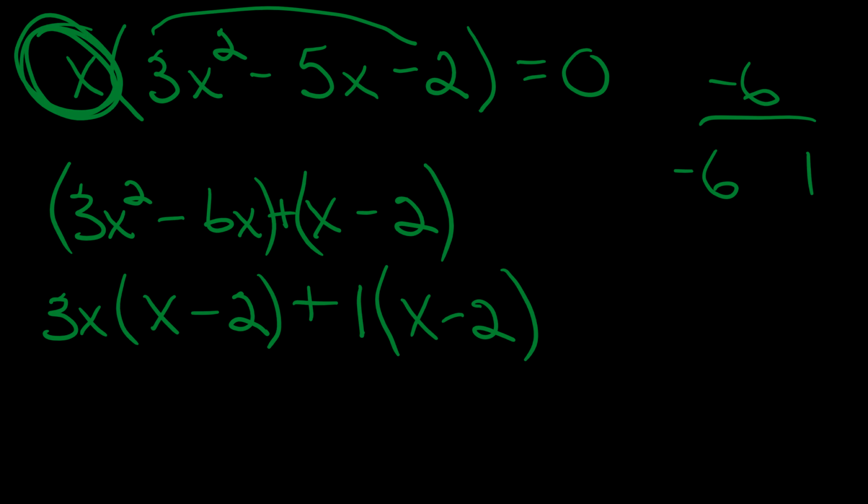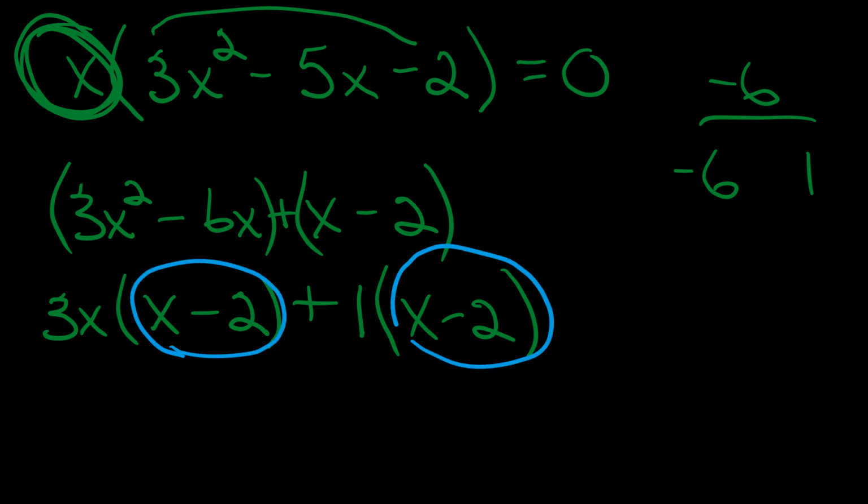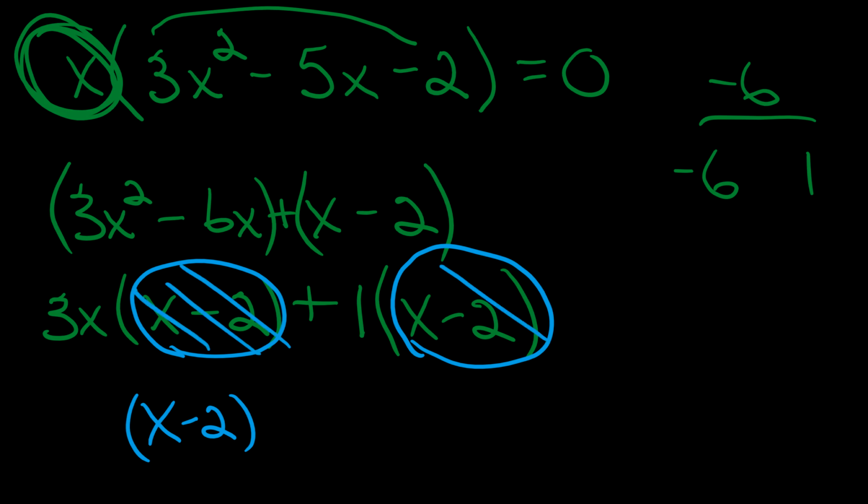When I factor out the common binomial factor here, let's change colors to something else, maybe blue. I've got an x minus 2 here and an x minus 2 here. They're common, so I'm going to factor that out, x minus 2. And when I factor that out, I cross them out, and I say to myself, what's left over? 3x, here's the plus 1.